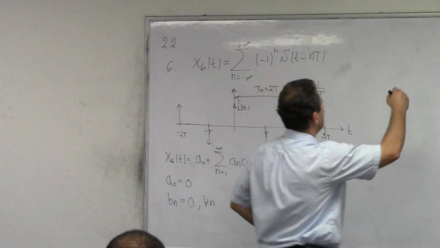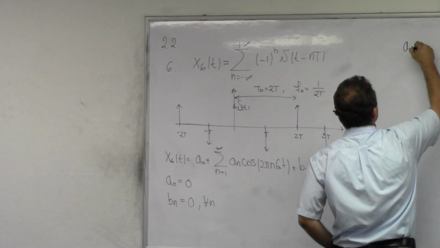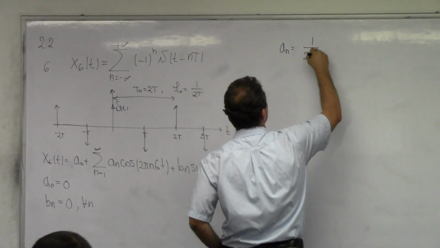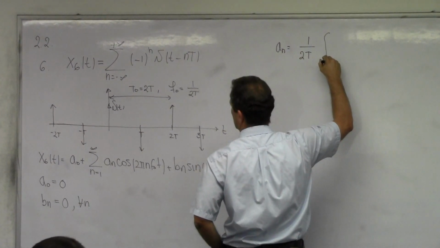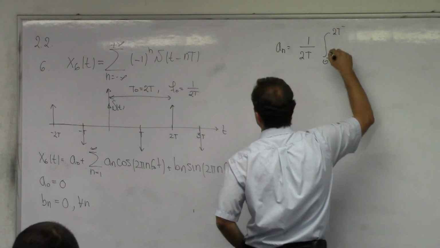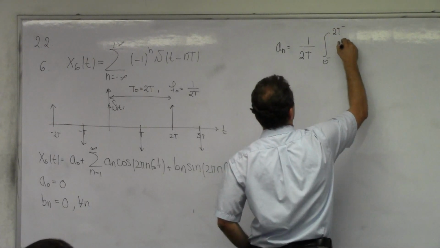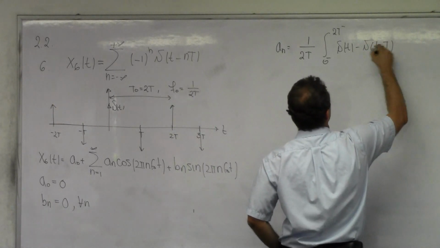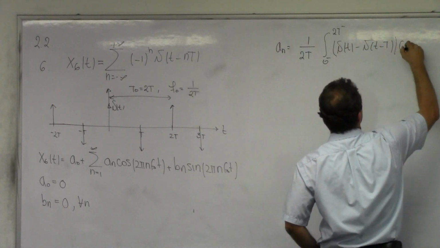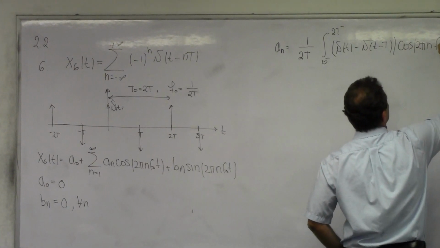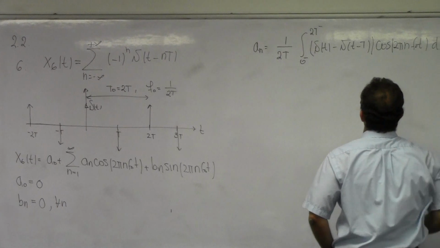So the only thing that I need to determine is an. And I can say that an is going to be 1 over the period, which is 2T, integral from 0 minus to 2T minus, delta of t minus delta of t minus T, times cosine 2 pi n f0 t dt.